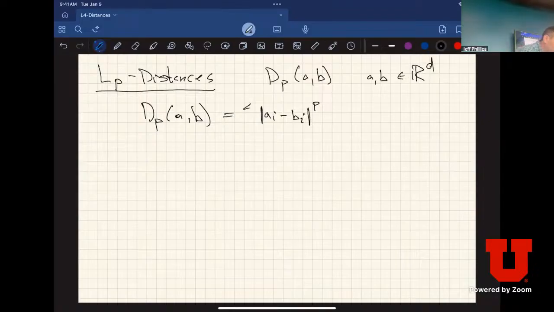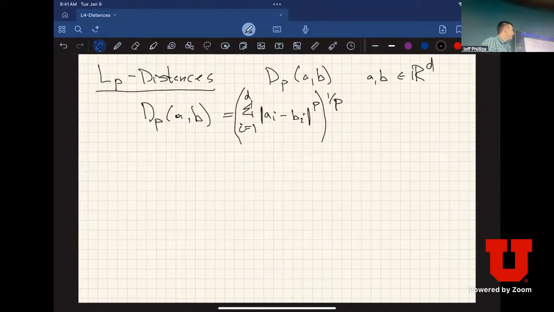I'm going to sum over all values 1 to D. So for each coordinate, I'm going to compare the coordinates and measure the absolute value of the difference between these scalar values, take it to the pth power, sum up all of these things, and then take it to the power 1 over P.